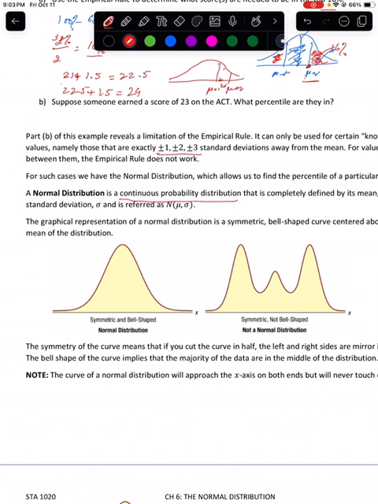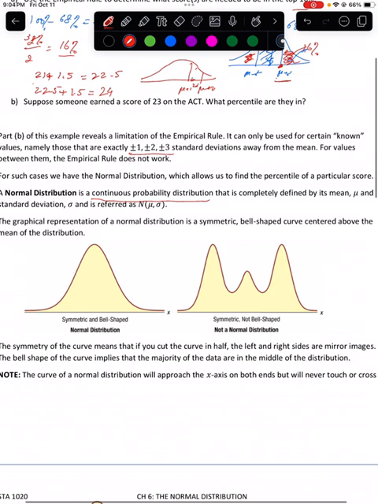So mean, mu, and standard deviation, sigma, and this is the symbol that we use for the normal distribution: an uppercase N, with mu and sigma. If you see N(2, 1) written, it means we are talking about a normal distribution in which the mean is 2 and the standard deviation is 1.